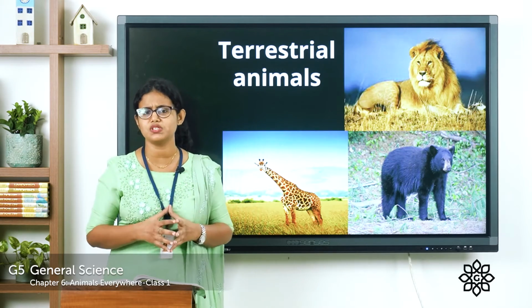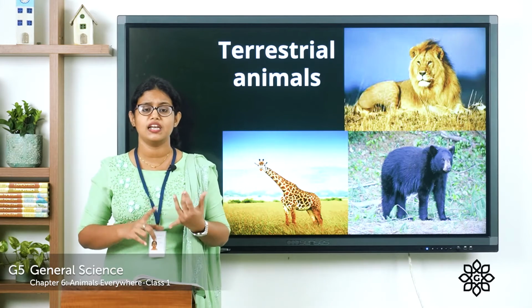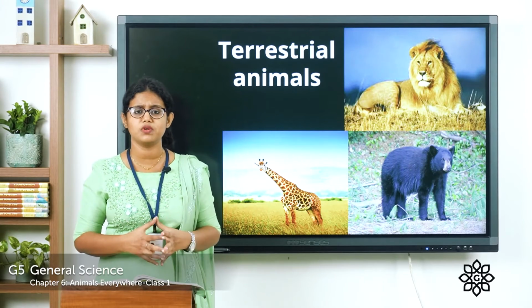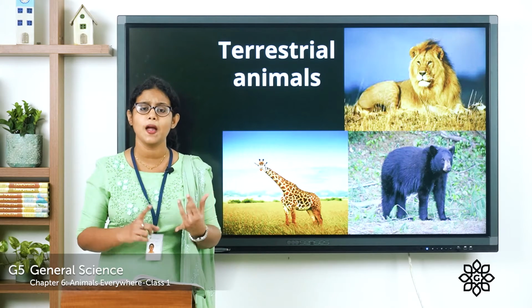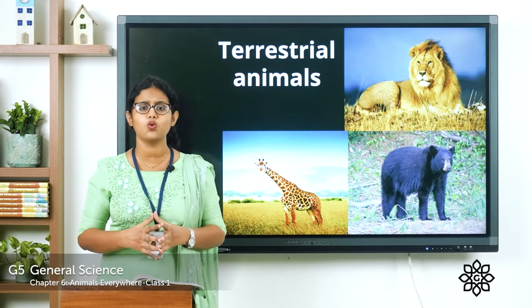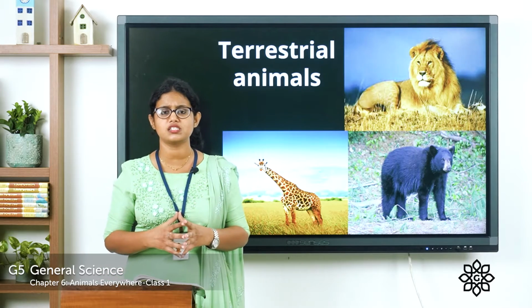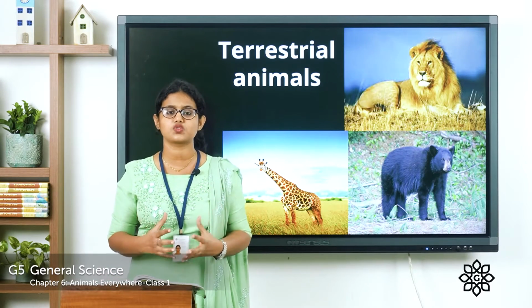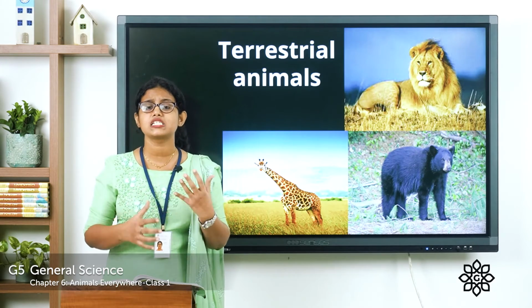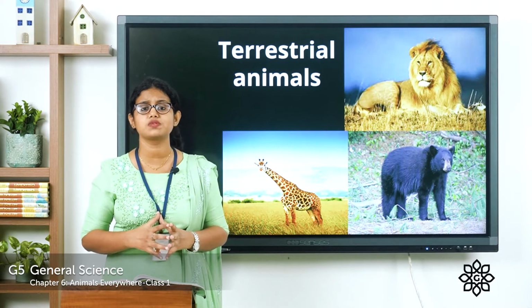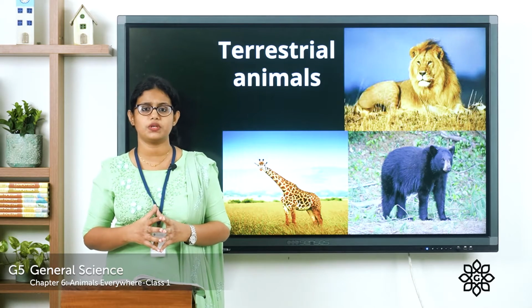There are many examples for animals that live on land. Lion, tiger, camel, all these animals live on land. They live in mountains, they live in very cold places, they live in deserts. So all these are terrestrial animals. And all these terrestrial animals have their own special features that help them to adapt in this place.